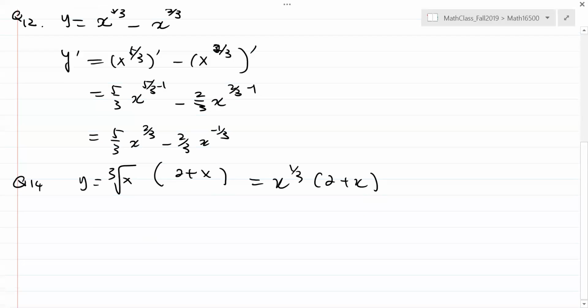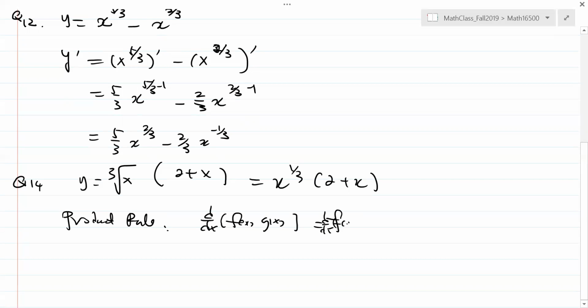Okay. So the product rule. If you differentiate the product of two functions, you differentiate the first function, copy the second function, plus copy the first function times the derivative of the second function.